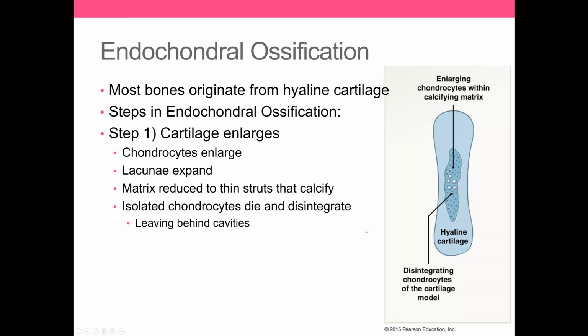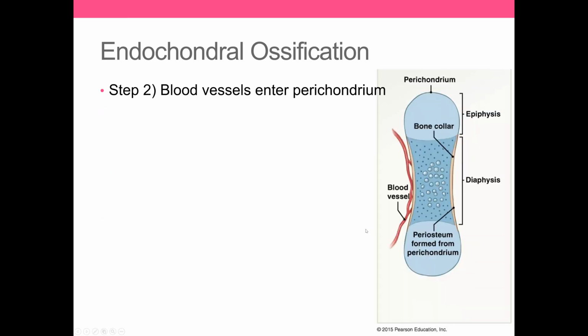The next step is that blood vessels are going to come in and enter the perichondrium. Remember that cartilage was avascular, so there were no blood vessels while it was cartilage. Also remember that the membrane on the outside of cartilage is called the perichondrium. So blood vessels are coming in, they're invading the perichondrium.